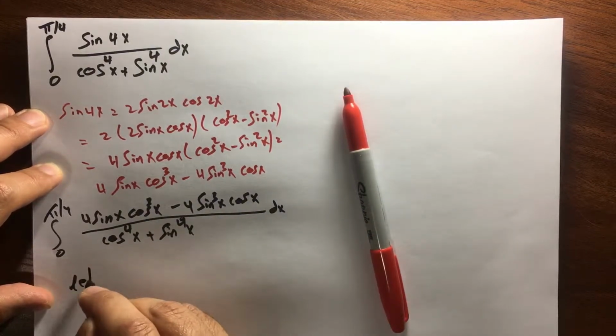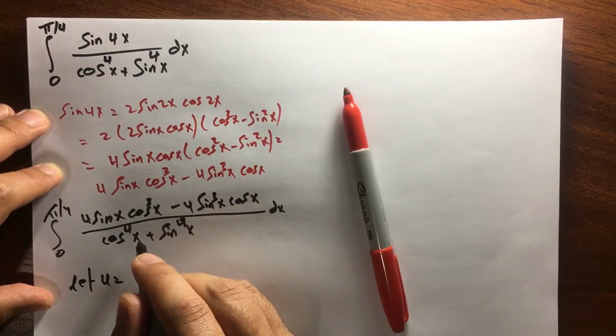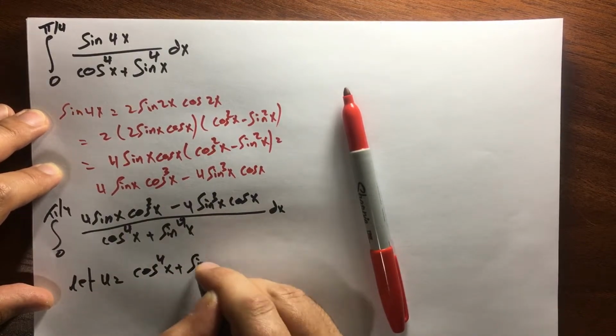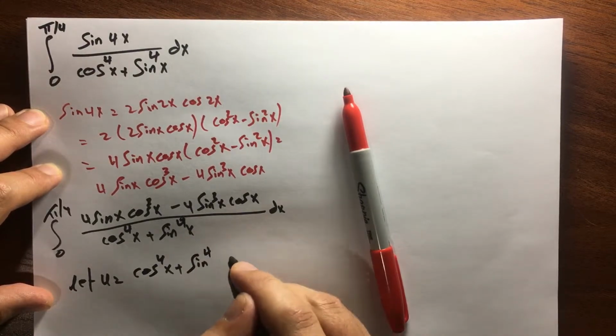Now let u equal the denominator, which is cosine to the power 4 of x plus sine to the power 4 of x.